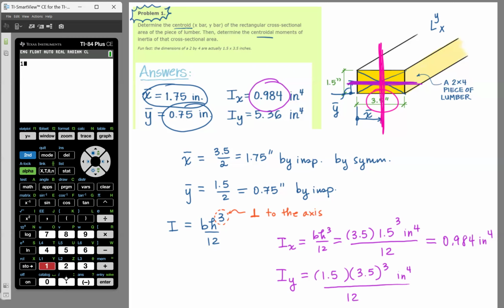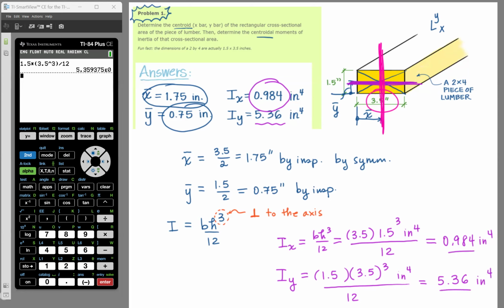Back to calculator: 1.5 times open parentheses 3.5 cubed divided by 12 equals 5 and change. So we've got our answer matching. 5.36 is fine for 3 sig figs here in our final answers.